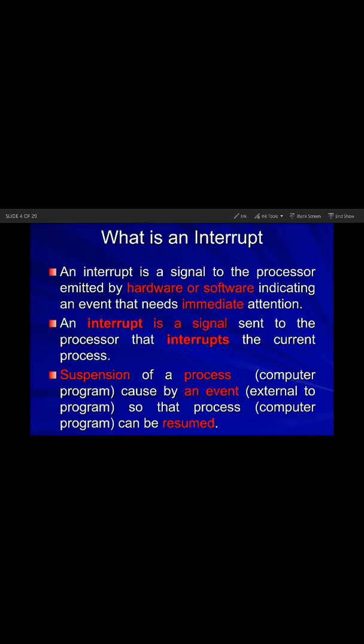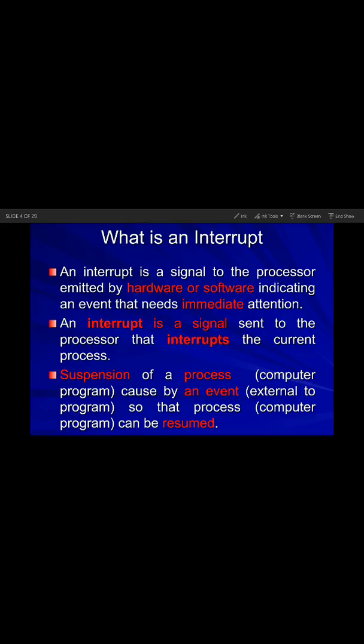And what is meant by generation of the signal? It indicates an event that needs immediate attention. I mean, an interrupt is a signal and it is generated towards the processor. It is heading towards the processor, and when it is generated, it means that something is happening and it needs CPU time. It needs attention. This is definition number one.